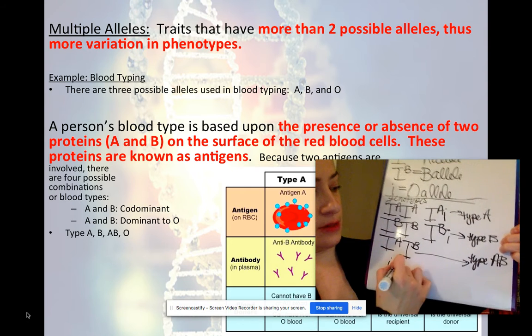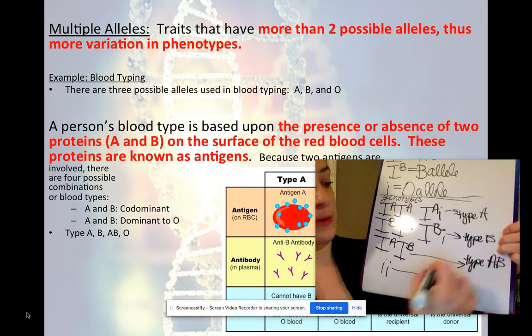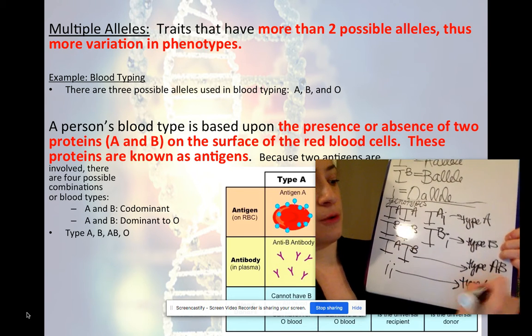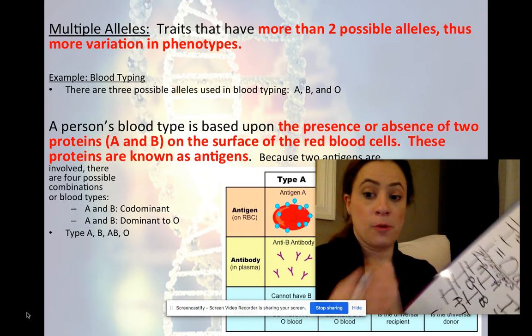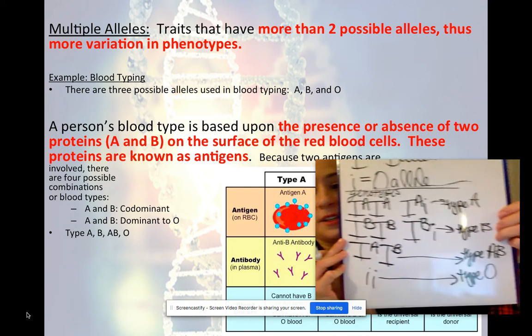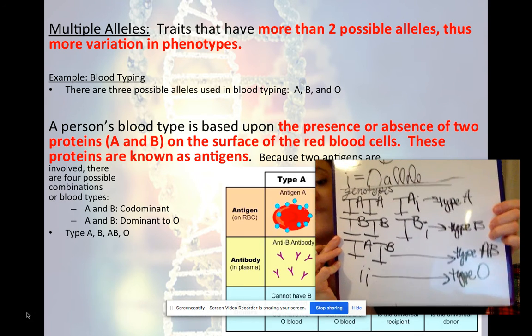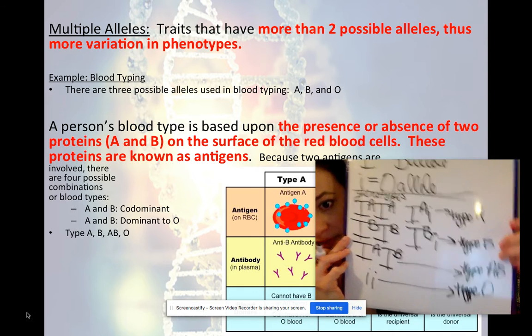And if you are lowercase i, that's the only genotype for type O blood. So those are the associated genotypes for blood types.